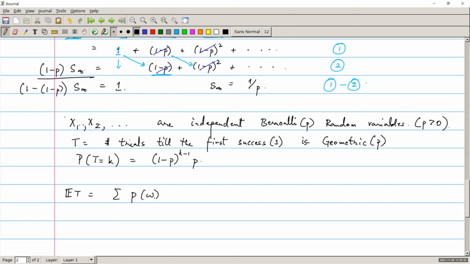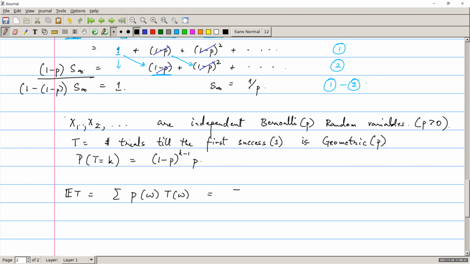So either we sum over every point in the sample space, the probability of that point times the value the random variable takes at that point. What's the other way to write the expectation? Would be like the probability of x divided by the indicator of x.